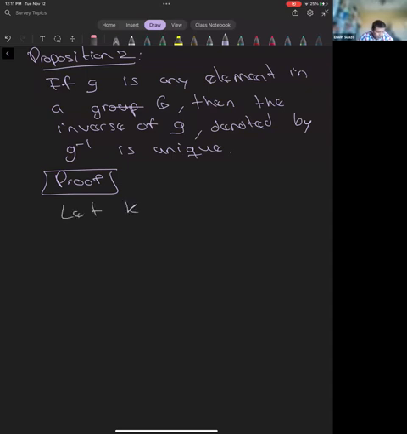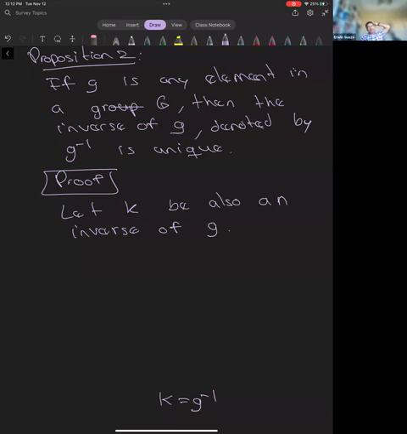Let K be also an inverse, let's say an inverse of G. At the end, you need to get K equals G inverse, because that's what you want.